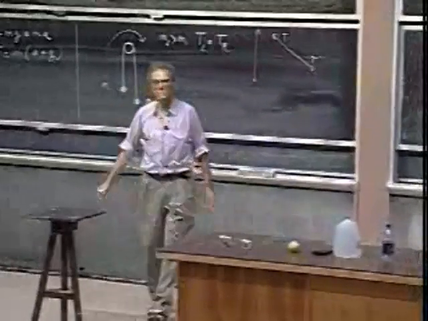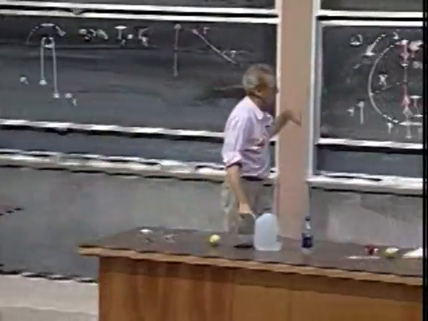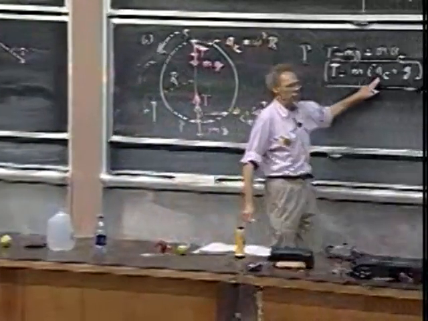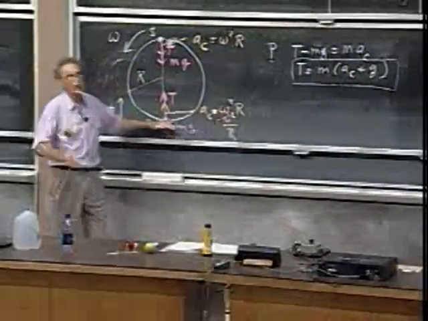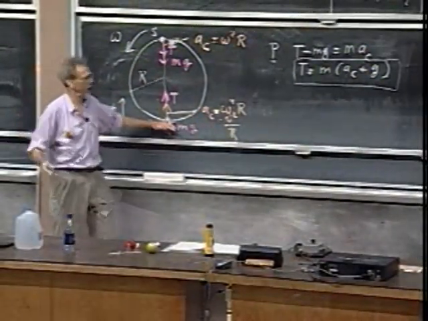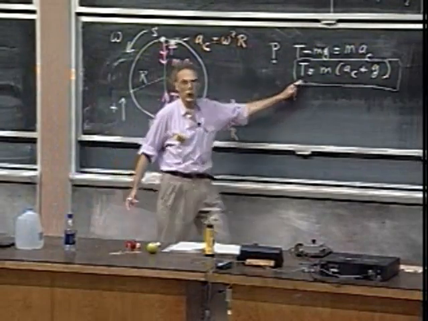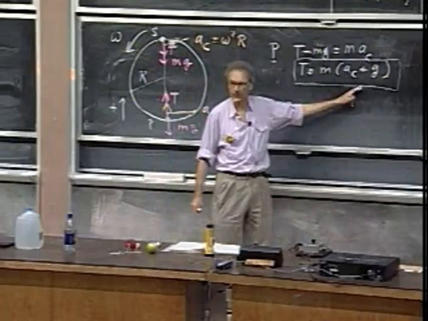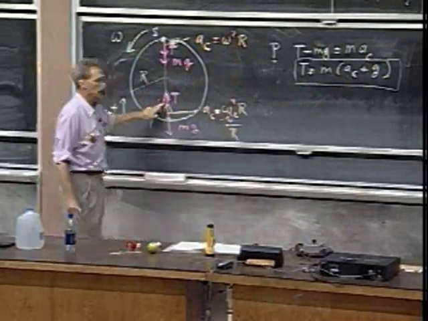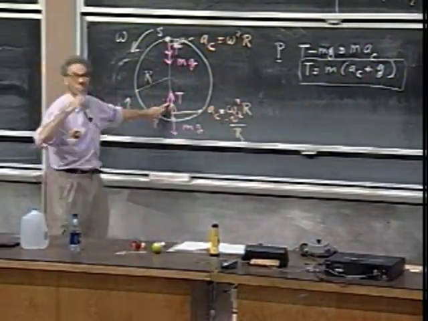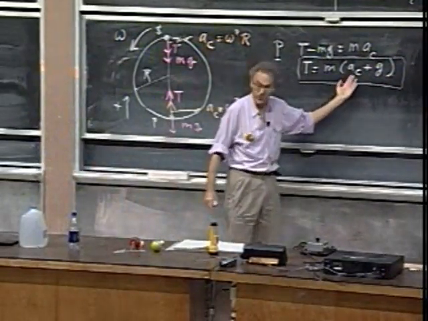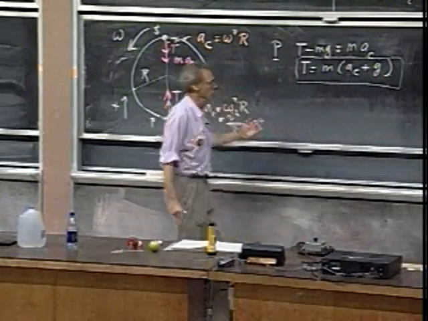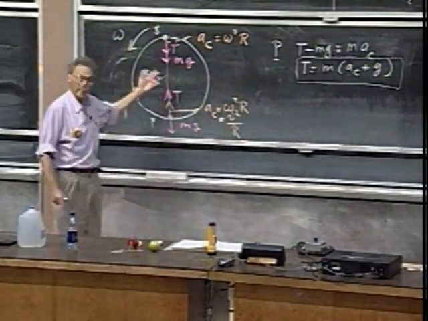Almost the same equation. If the centripetal acceleration at this point, for instance, were 10 meters per second squared, then you would weigh twice your normal weight. The tension here would be twice mg. If this were 5 meters per second squared, then you would be 1.5 times your weight.